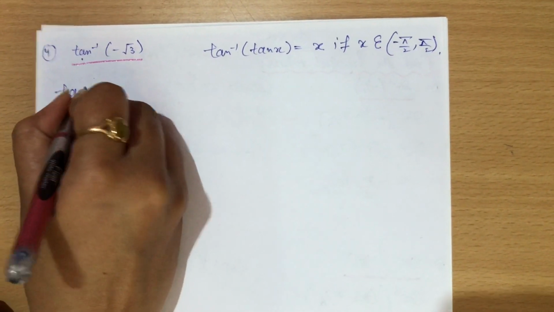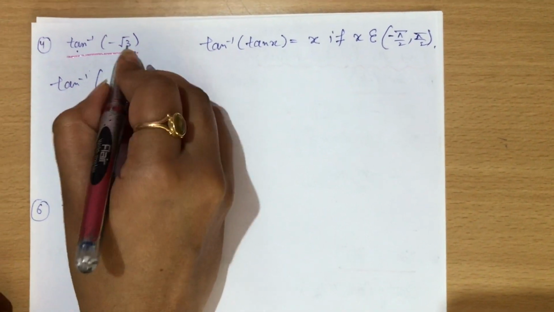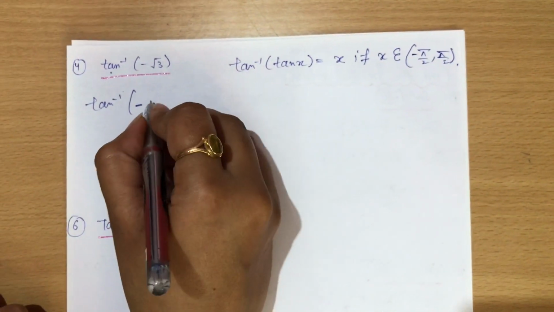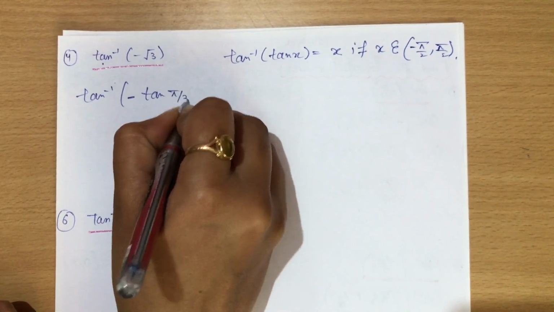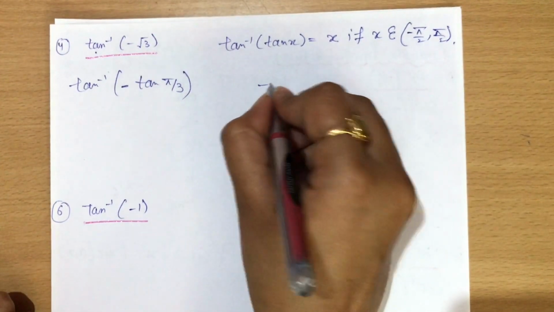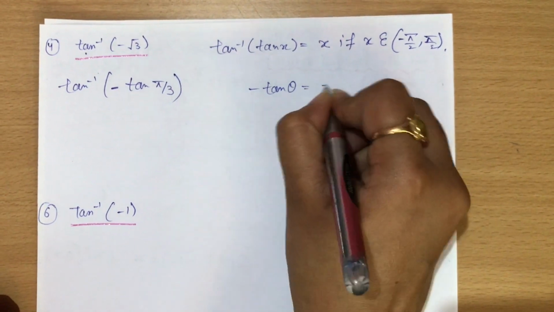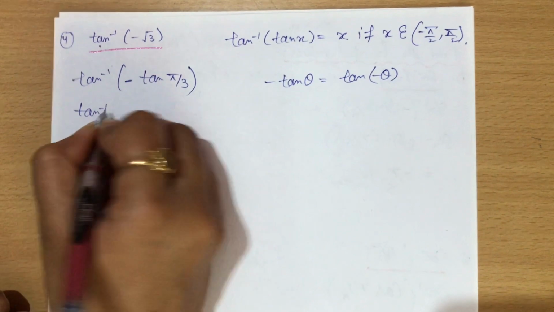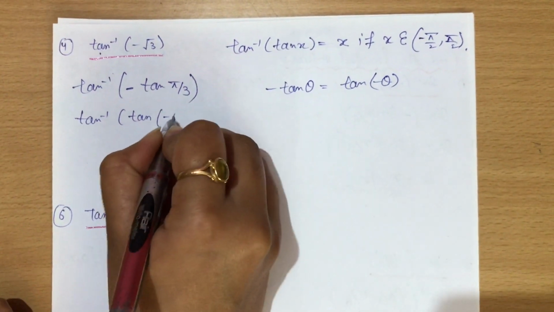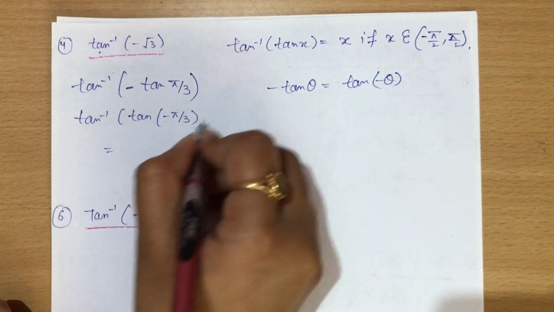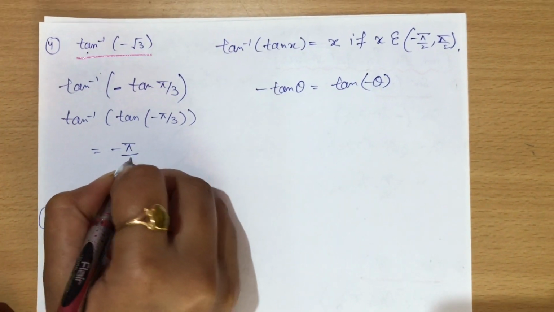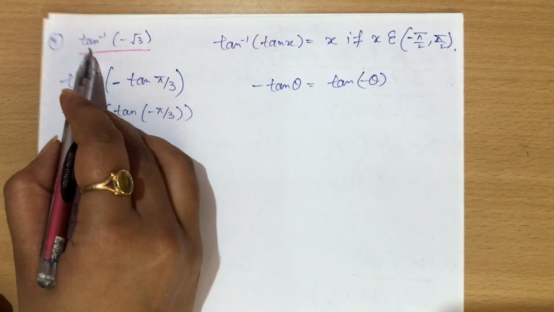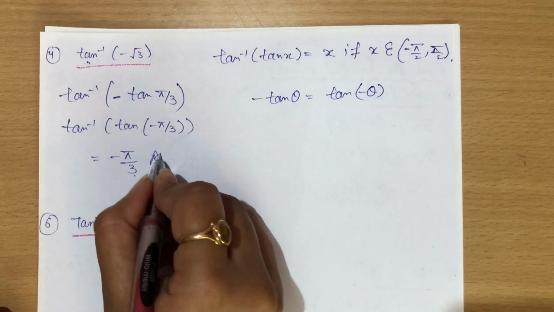So root 3 is tan pi by 3, and you know that minus tan theta can also be written as tan of minus theta. So this is tan inverse of tan minus pi by 3, which is equal to minus pi by 3, because minus pi by 3 lies in the principal range of tan inverse. So this is the correct answer.